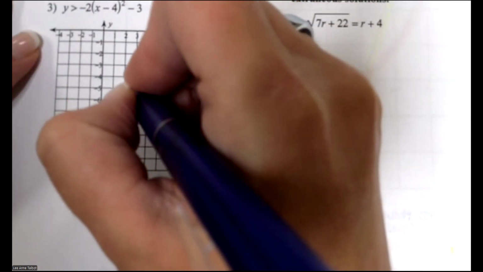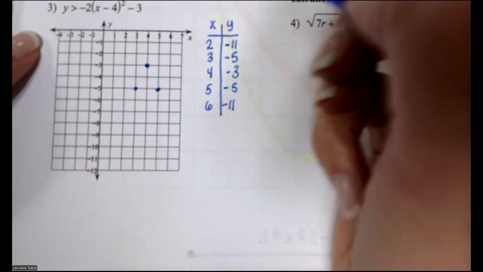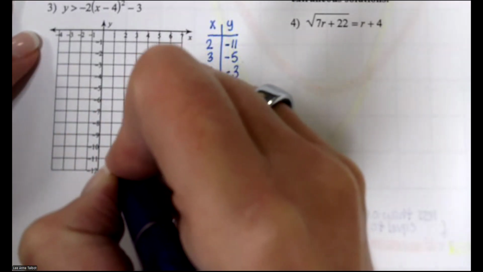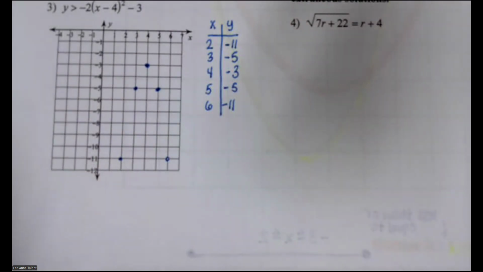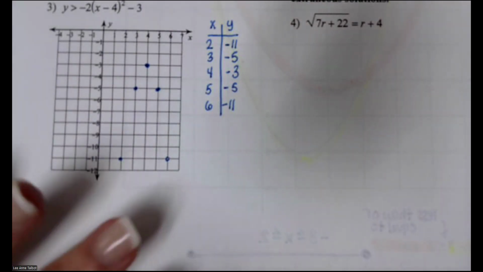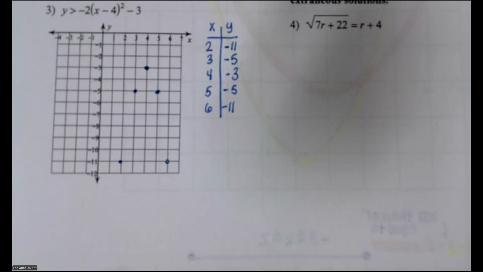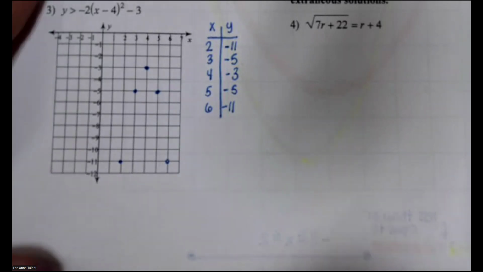Okay, so (4, -3), (3, -5), (2, 6). Okay, next question, dashed or solid?